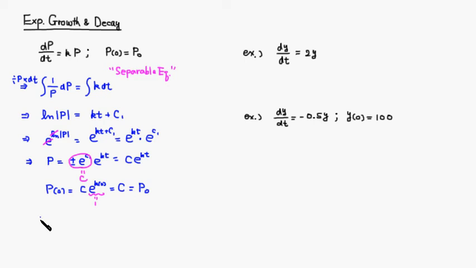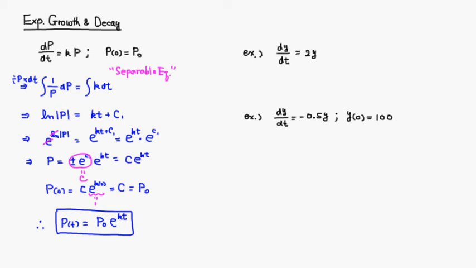Therefore, we found the population function P of t, which came out to be P0 e to the kt.